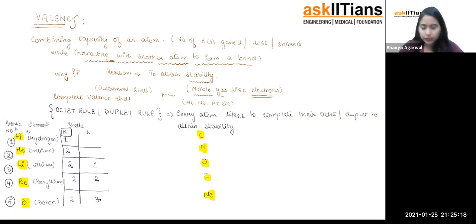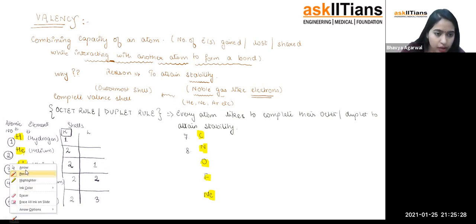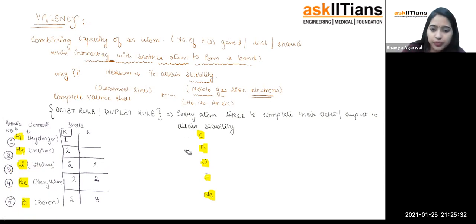Right? Same way, I'll talk about the atomic numbers. 7. Oh, my bad. It would be 6. So 6, 7, 8, 9, 10.